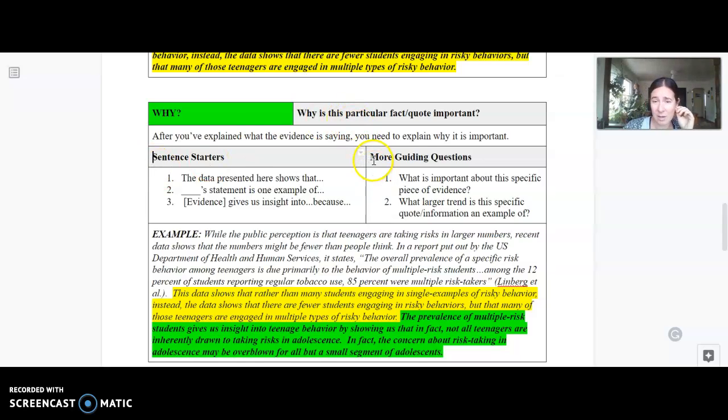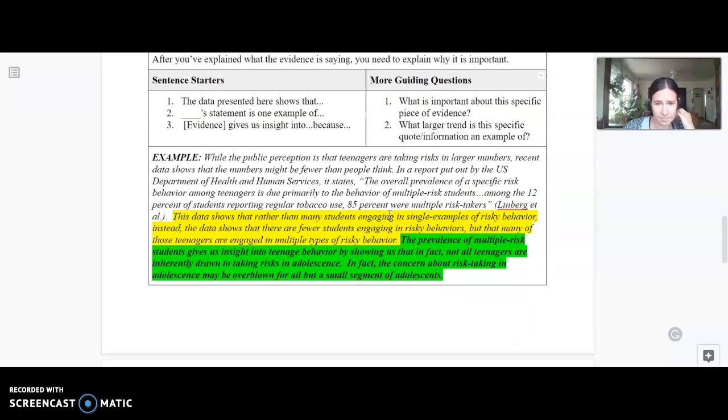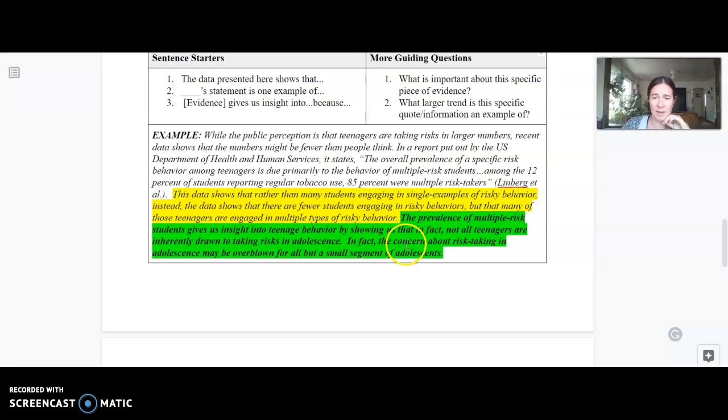So here's some more guiding questions, and this is a way that you can think about this component of your analysis. What is important about this specific piece of evidence? What larger trend is the specific quote or information an example of? So let's look at an example of that here in the paragraph.